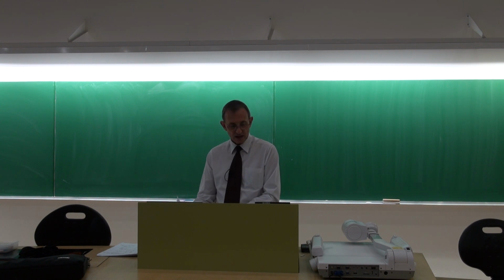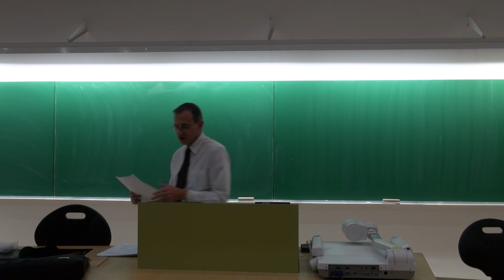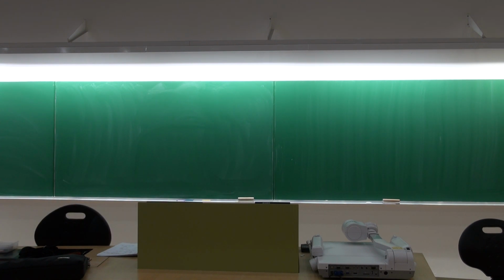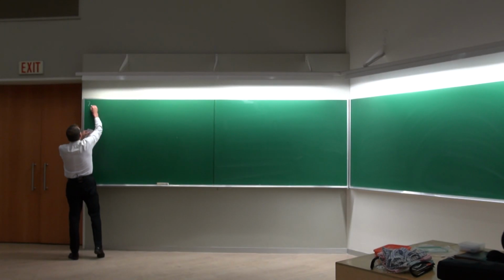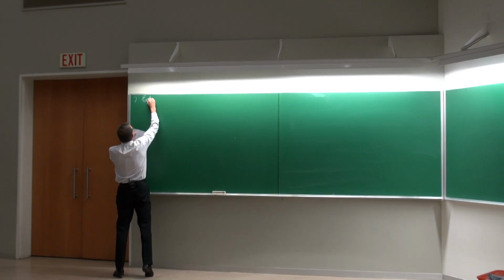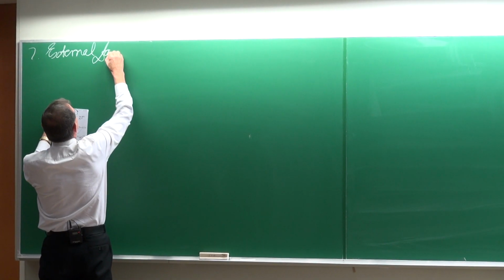So those are typical examples of external forced convection. So paragraph 7 is external forced convection.